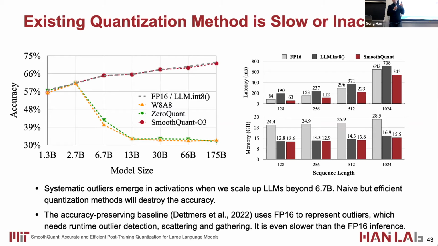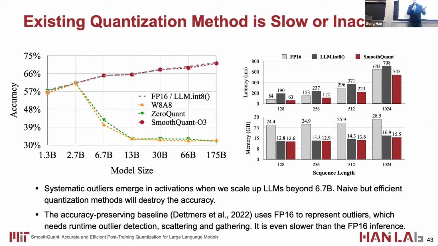Actually, we find there are a lot of outliers, super big values in those activation values, that are destroying the accuracy. A previous work tried to preserve this accuracy by introducing FP16 to represent those super big outliers. That can preserve the accuracy.